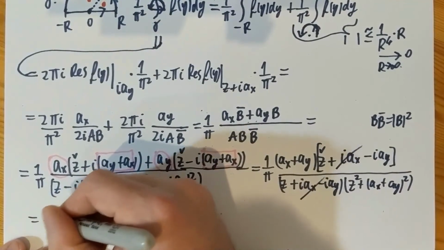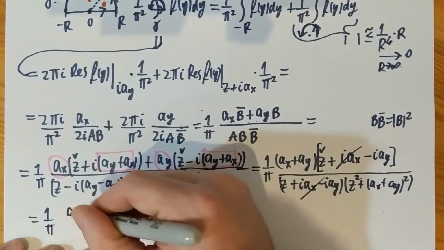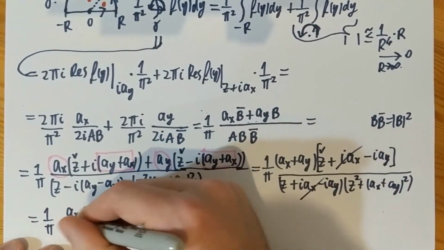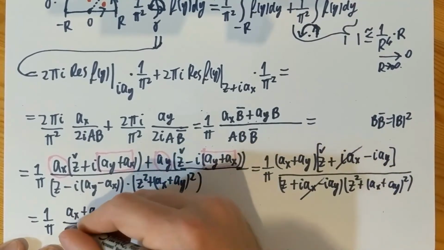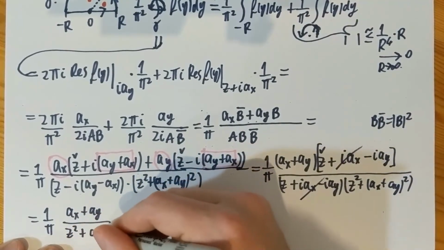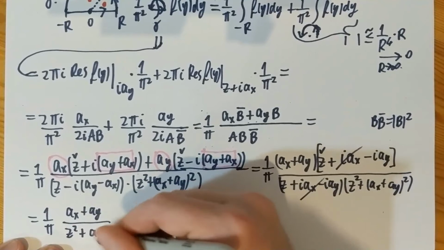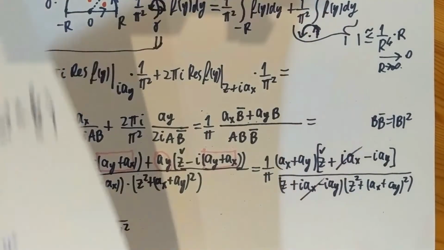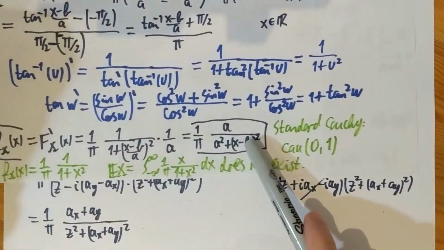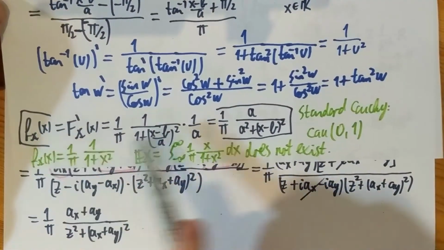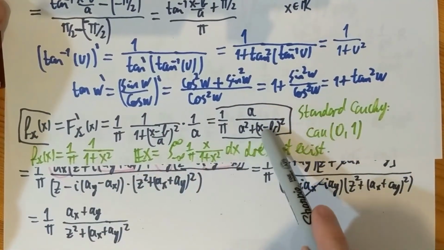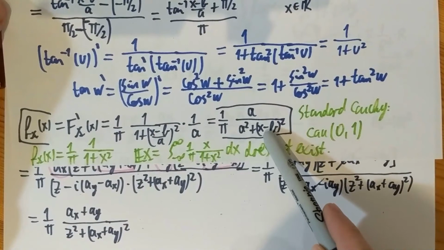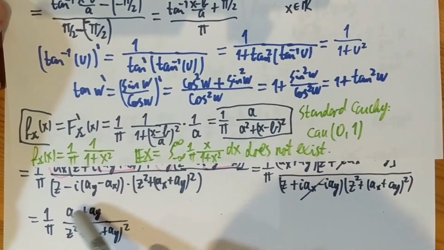Then I arrive at 1 over pi times ax plus ay over z squared plus ax plus ay squared, which is exactly the Cauchy density. It's exactly of this form, f(x) equals a over a squared plus z squared, except for a I'm using the sum.